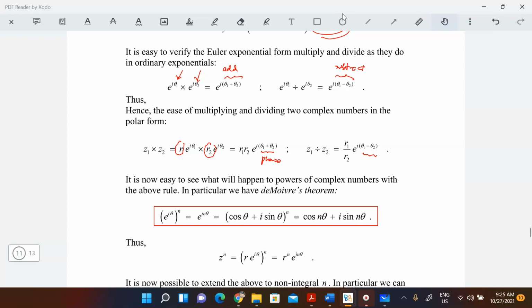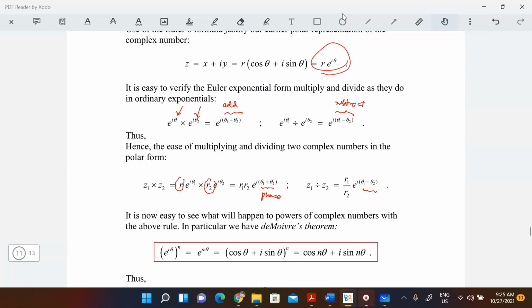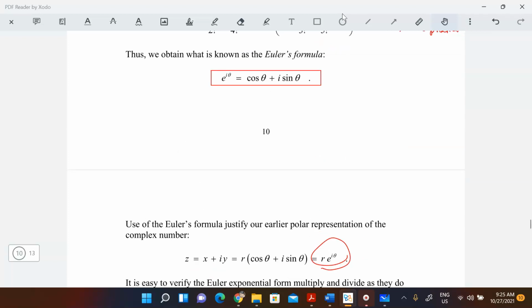Let me just go back a little bit. Sometimes the shorthand notation for this is called Cs, which is just cos plus I sine. So this is Cs theta.